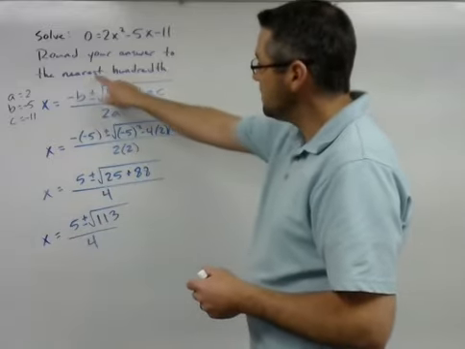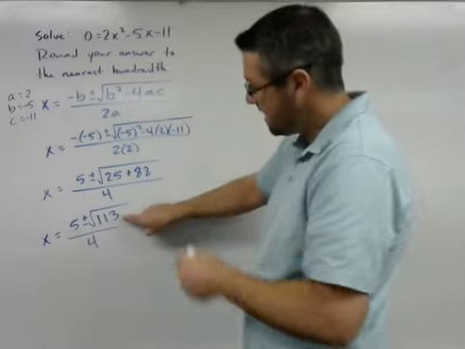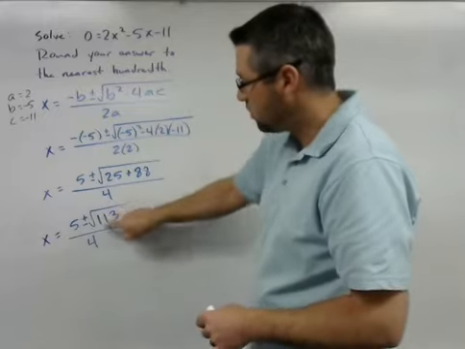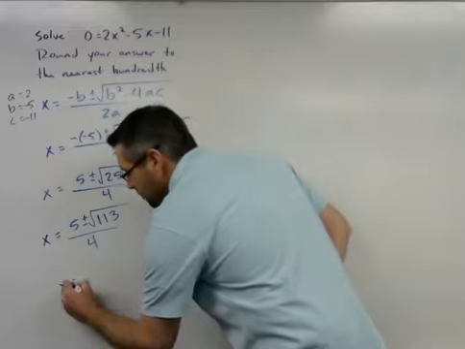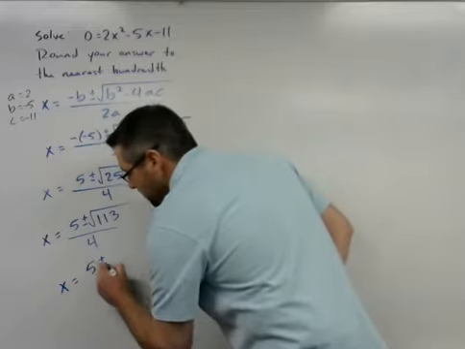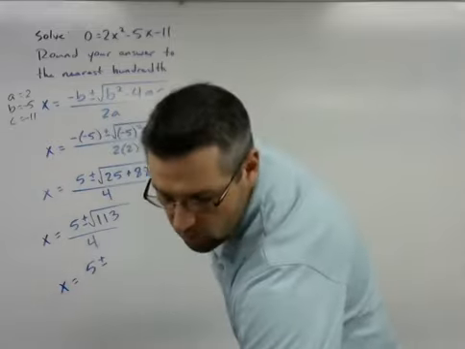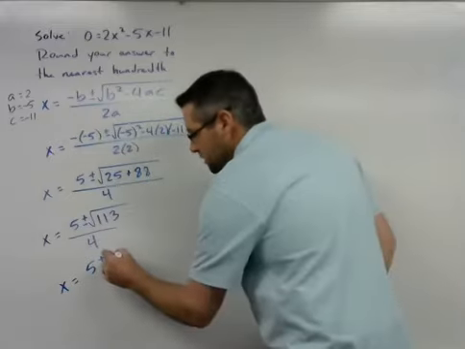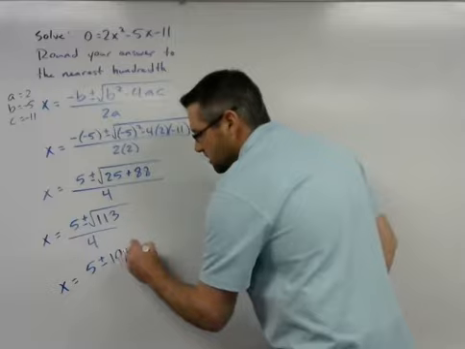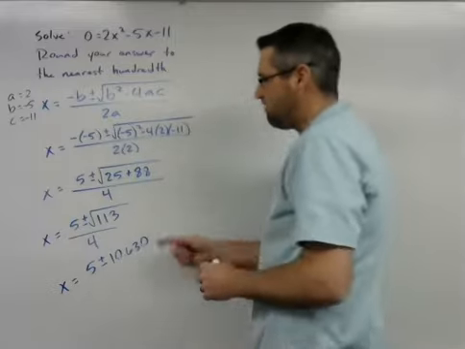But since I want the nearest hundredth, I'm just going to type this into my calculator right now, the square root of 113. And so I would end up with x equals 5 plus or minus the square root of 113, which is 10.630. Now notice I went further than a hundredth.